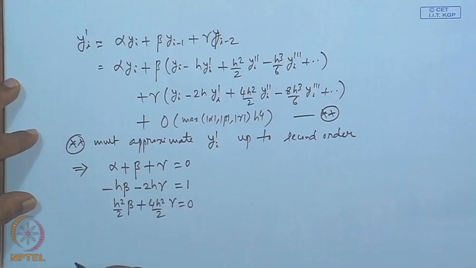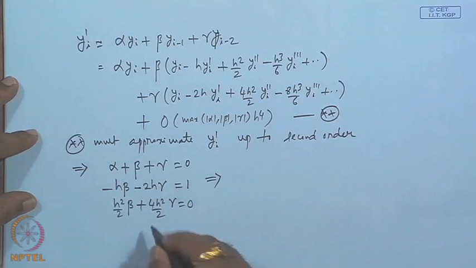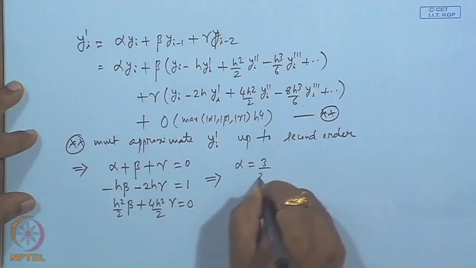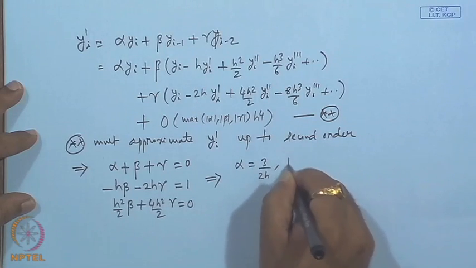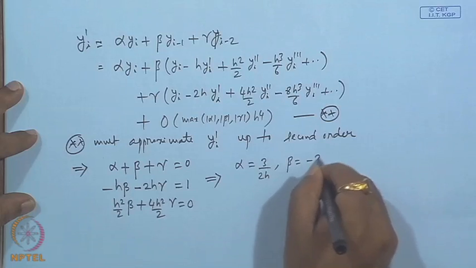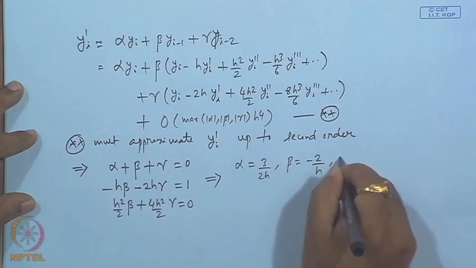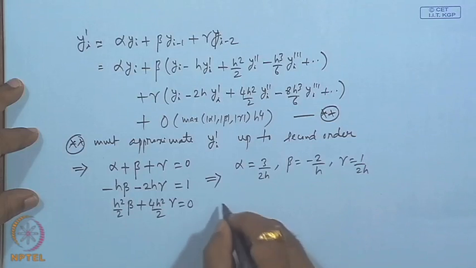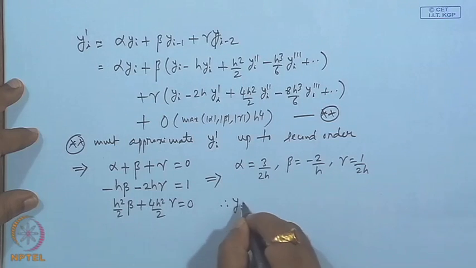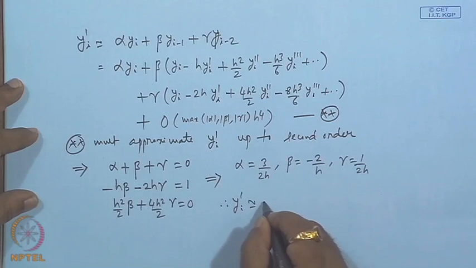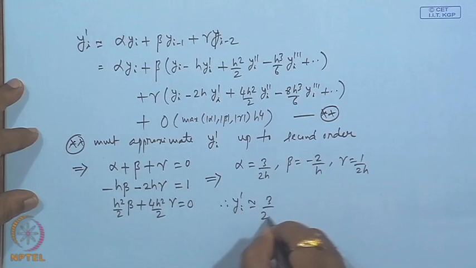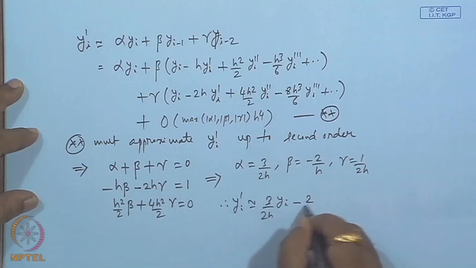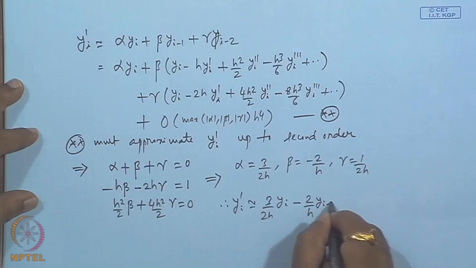Okay. So, now on solving we get alpha is 2 by h, beta is minus 2 by h, gamma is this. So, therefore, we get the approximation 3 by 2 h y I minus 1.